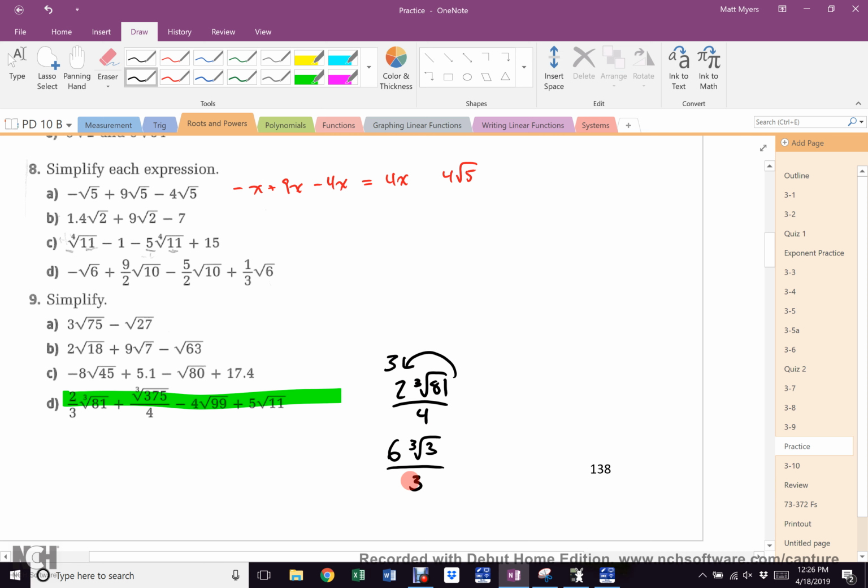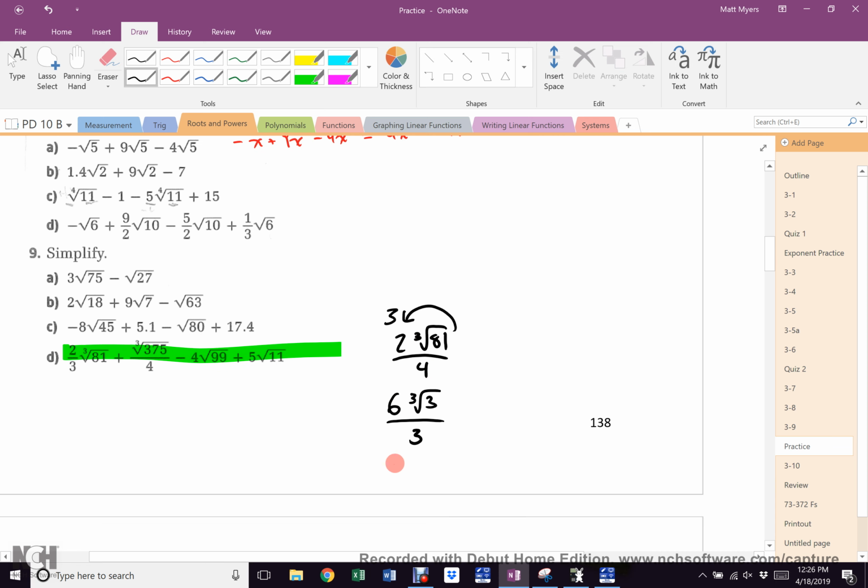Now, what is 6 divided by 3? 2 cube root 3. Yeah? This one, 375. Cube root 375 over 4. That is 3 times 125, yes? What's the cube root of 125? 5. So I get 5 cube root 3 over 4, yes?